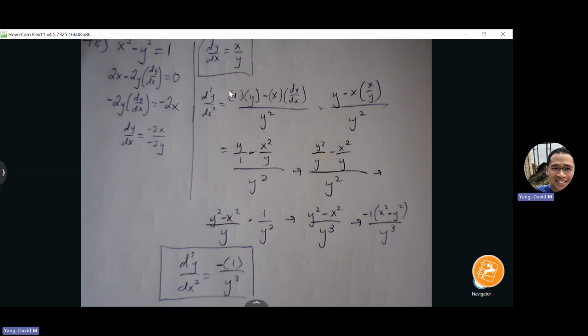So today we're talking about the derivative of the inverse at a point. So let's go to page 23.